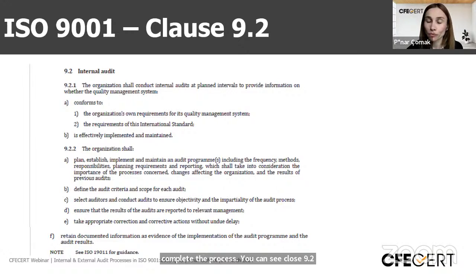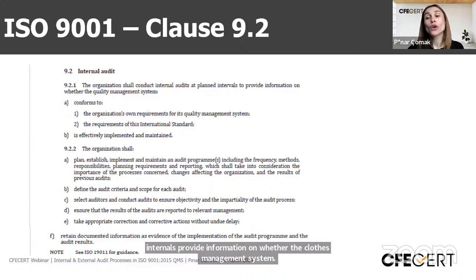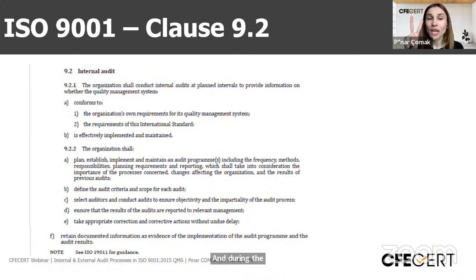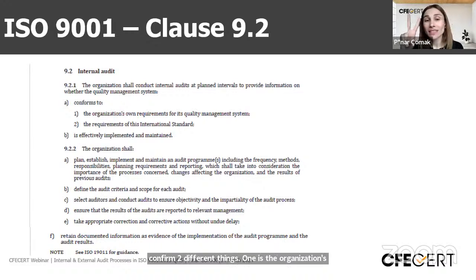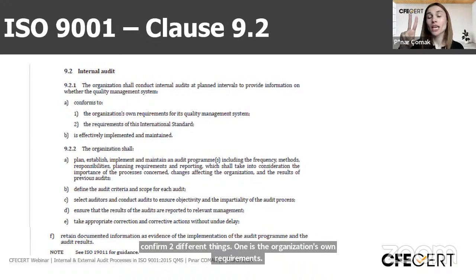Now we continue with internal audits. The organization shall conduct internal audits at planned intervals to provide information on whether the quality management system conforms. And during the internal audit, actually, you have to check 2 different things. One is the organization's own requirements, and the second one is the standard.